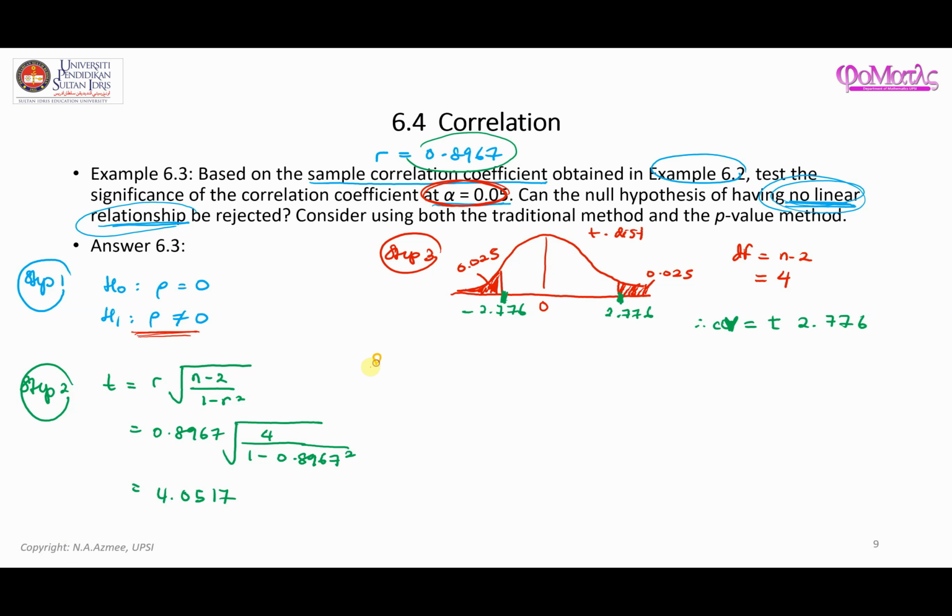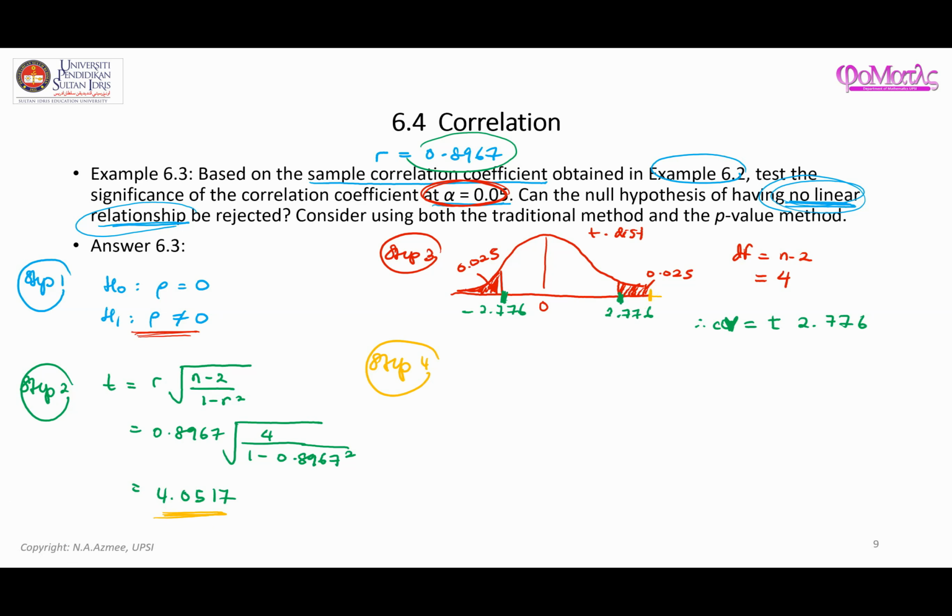Now let's look at the fourth step, which is to decide. This is the test statistic, 4.05, and it is going to be somewhere here, so it is inside the critical region.